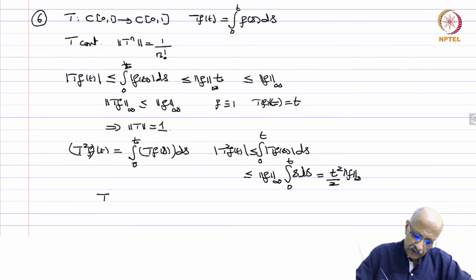Therefore, the norm of T squared is less than or equal to 1/2.